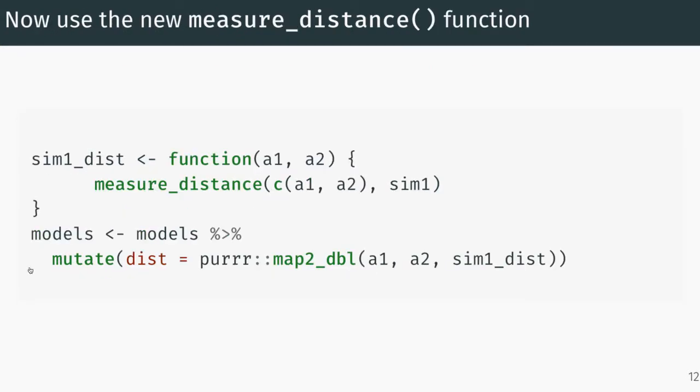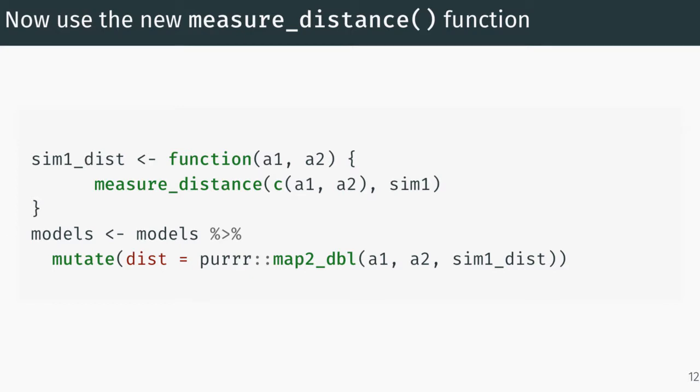Then we're going to take that function and wrap it in a function that does this many times. It's going to give us basically a table of outputs, and we're going to mutate the distance table so that we have A1, A2, and the output of SimDist, which is a score.